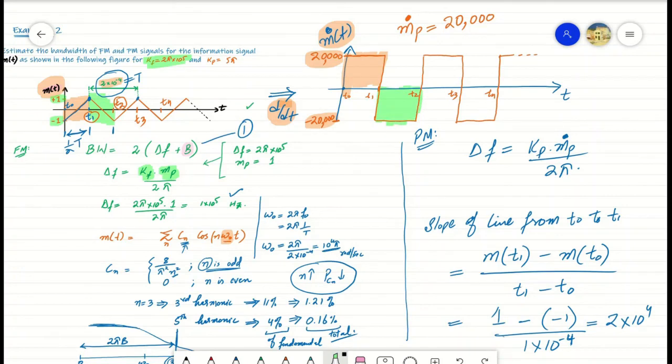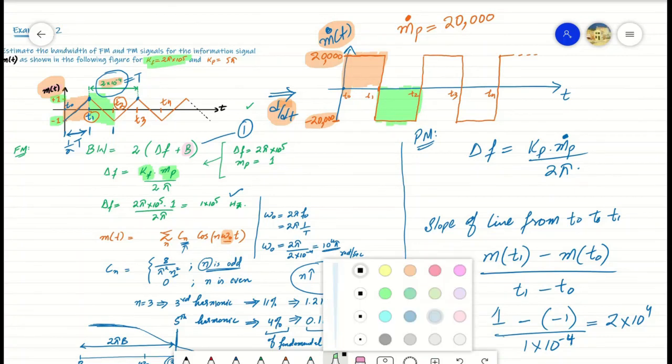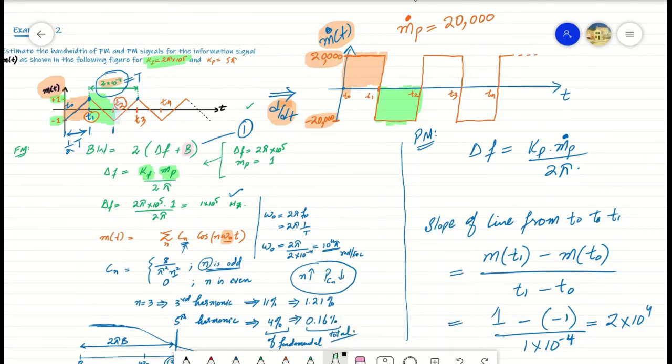The slope of the line within each of these spans is constant, therefore we obtained a square wave, and so on. For the span from t2 to t3, we have again an increasing line where its slope can be calculated as +20,000, and so on. So from these calculations, we have obtained the peak amplitude of the derivative of information signal, which is equal to 20,000.